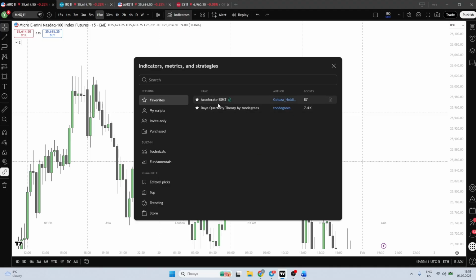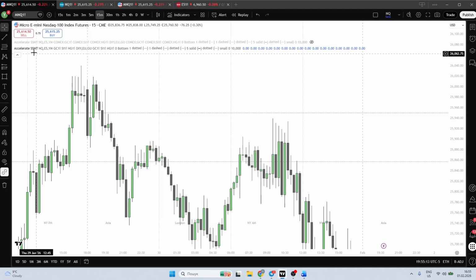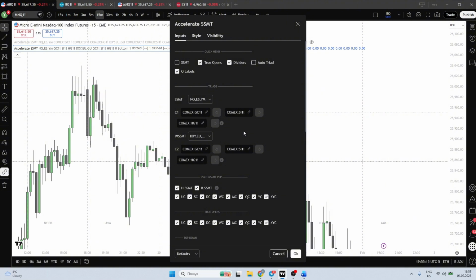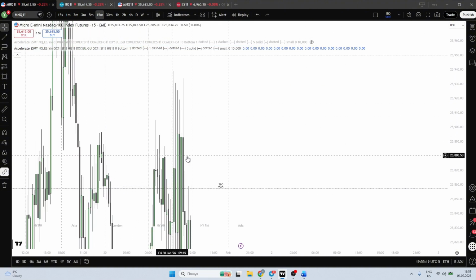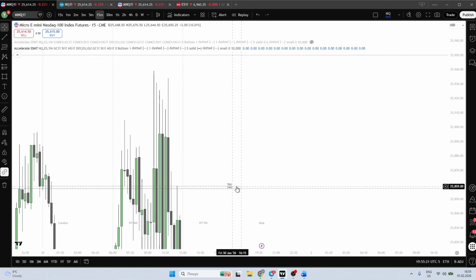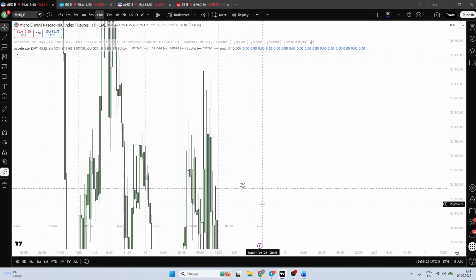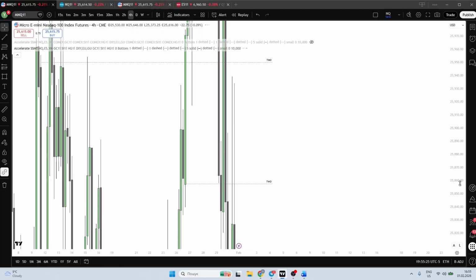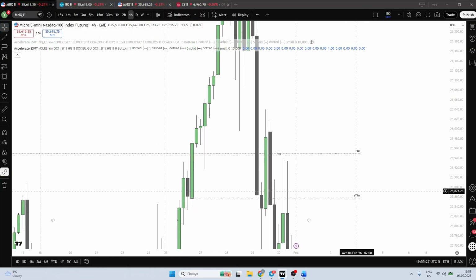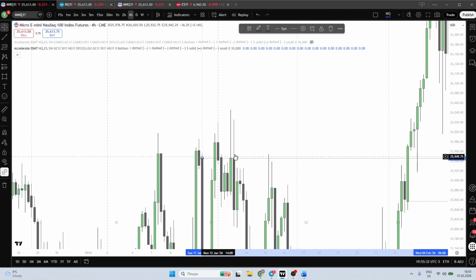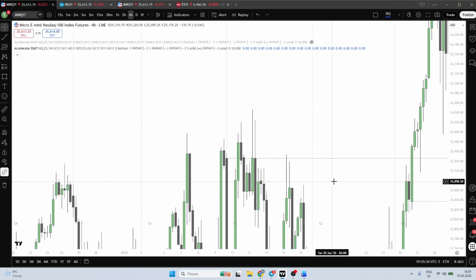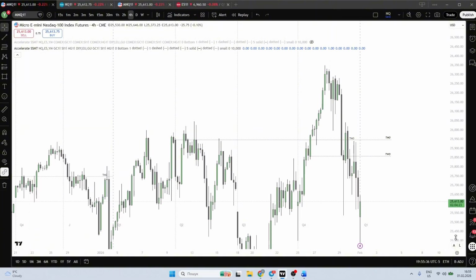To check it out, you can also use this indicator, just turn on the true opens and it will show you everything. Yeah, so I was right. True day open, true week open. Again, 4 hour time frame, the opening price of the very first candle of Q2.